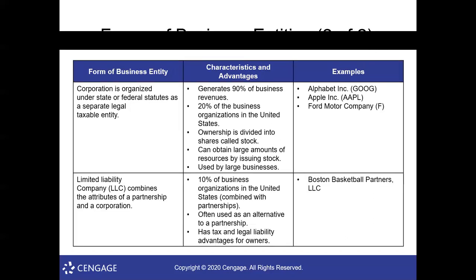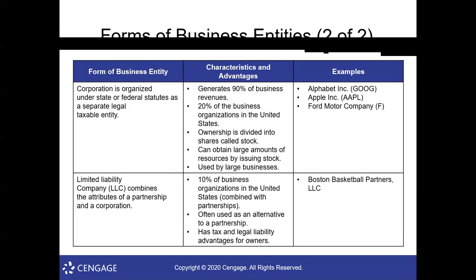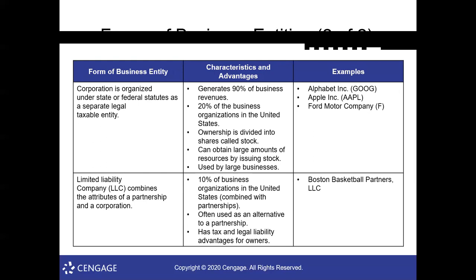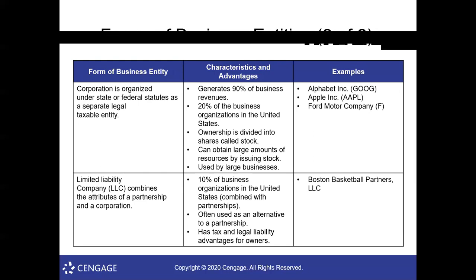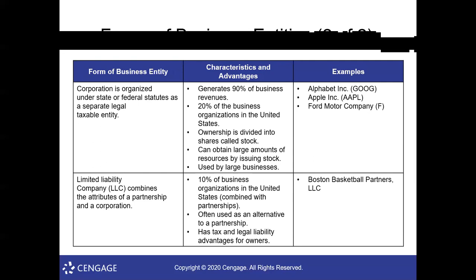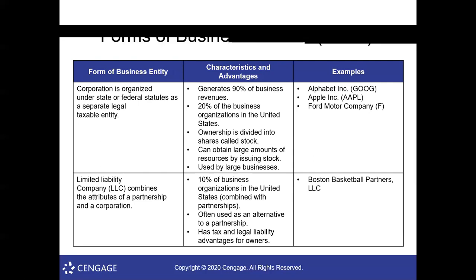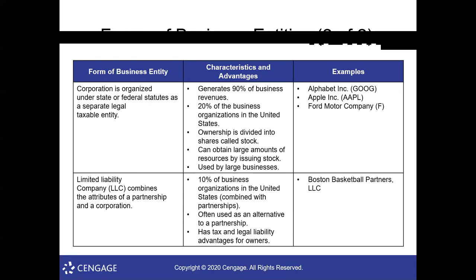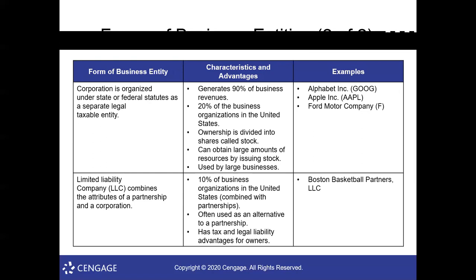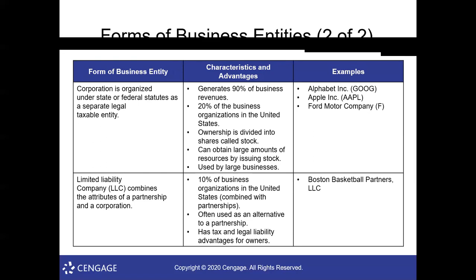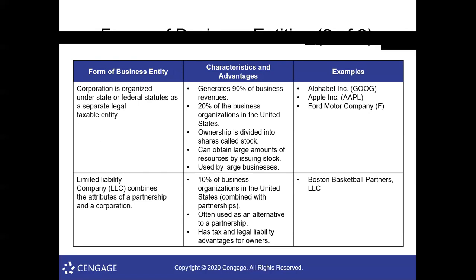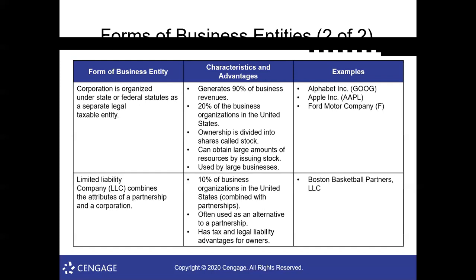And then corporations. Corporations only make up 20% of the businesses, but they generate 90% of the revenues. These are Apple, Alphabet, Ford, American Airlines, Microsoft. All of these are corporations. Corporations are legal entities. They can do anything that an individual can do in the United States.